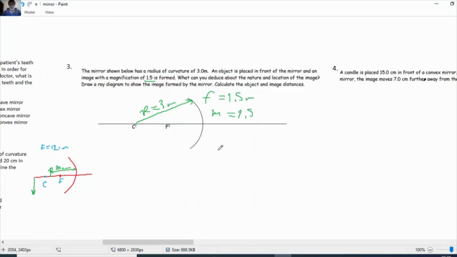Okay, so let's continue with our mirror equation. We know that M is equal to negative the image distance divided by the object distance, and the magnification is equal to 1.5. So this means that the image distance is going to be equal to negative 1.5 times the object distance.